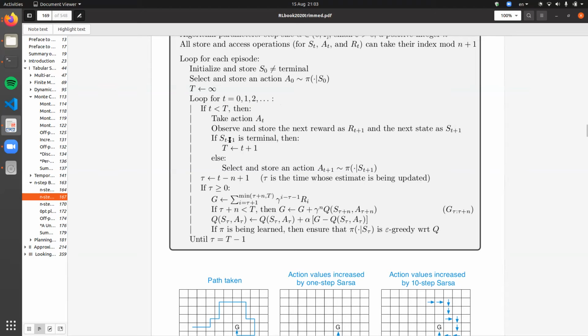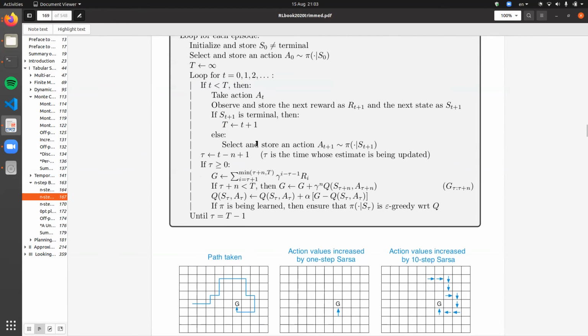And if the state is terminal, we set this capital T, which we can call the time of termination, to be T+1. And if we haven't reached the terminal state, we sample the next action. And we store this R and S in the buffer we will use here.